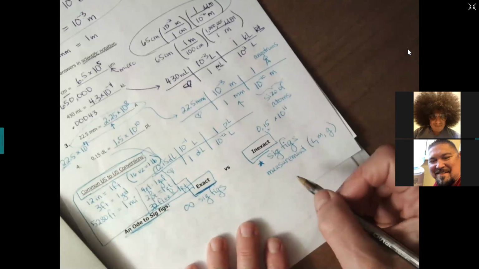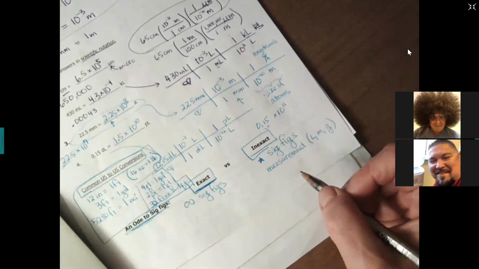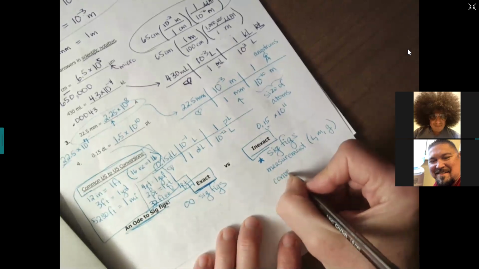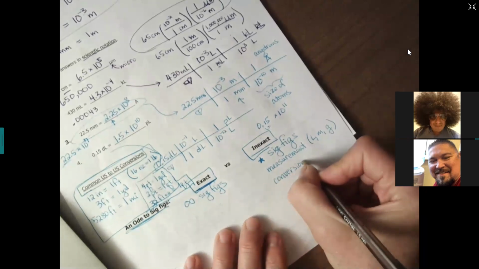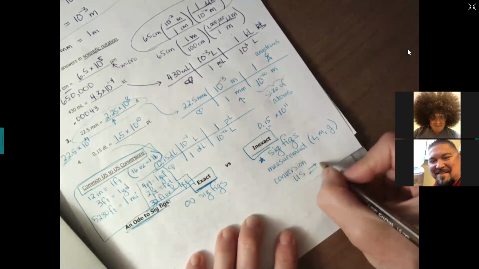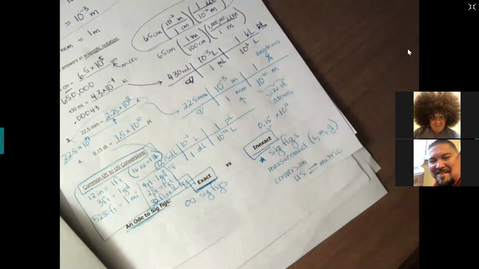All right, the other thing that is limited Sig Figs is when we do a conversion between different types of units, like US to metric. Those are inexact because the US system is imperial and was based on the king, like a foot was the size of the king's foot.